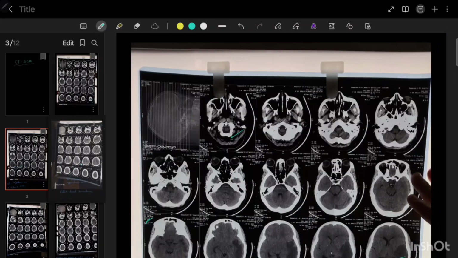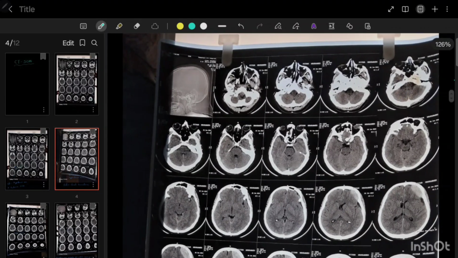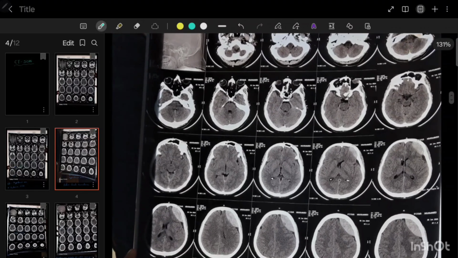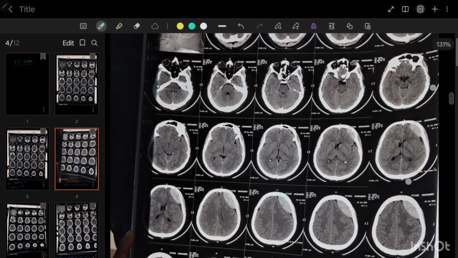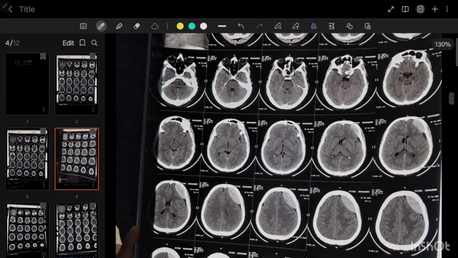Now next CT scan plate. See from here, what is this, is it hypodense or hyperdense? It is hyperdense, meaning more white, more dense.